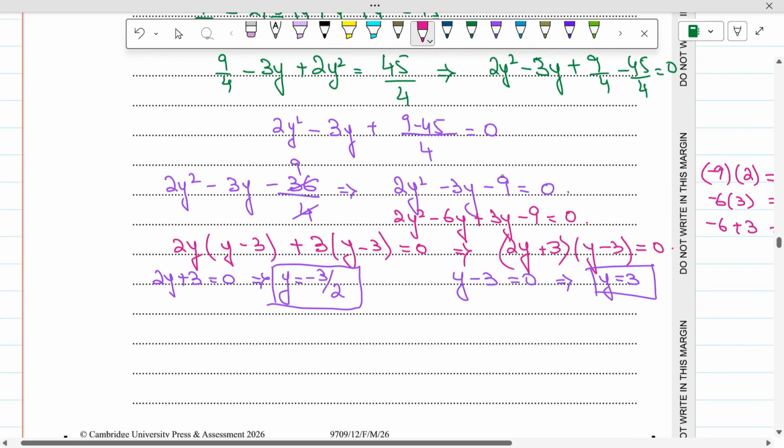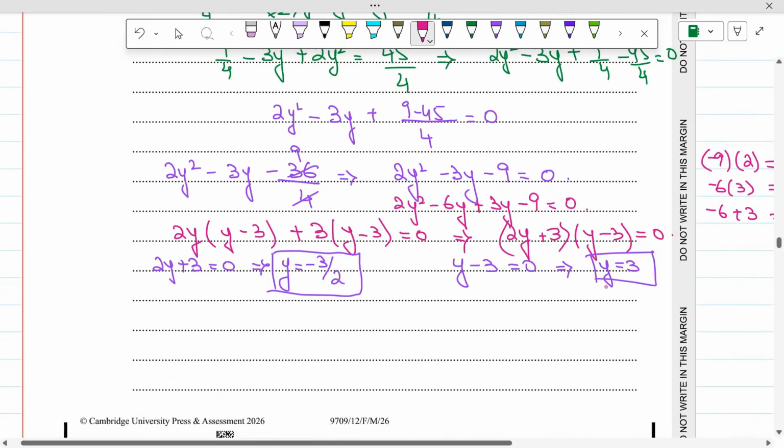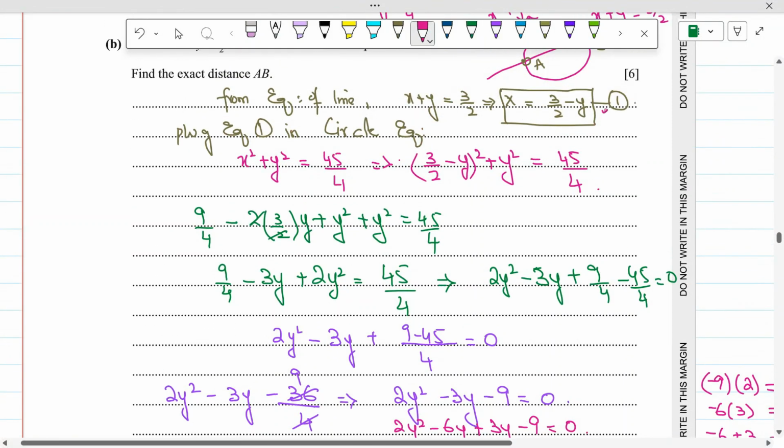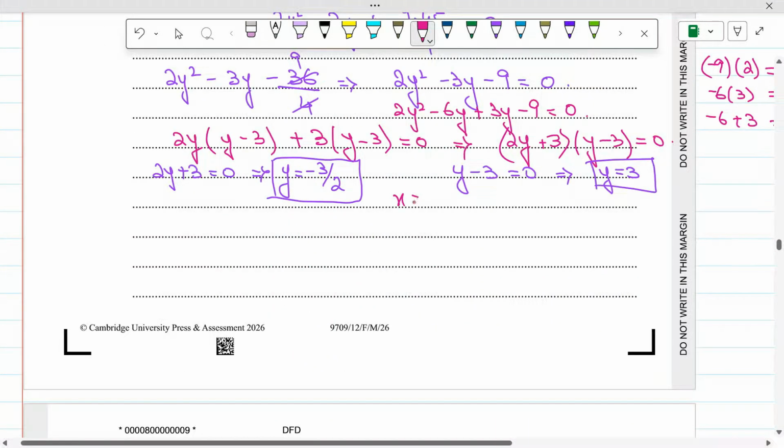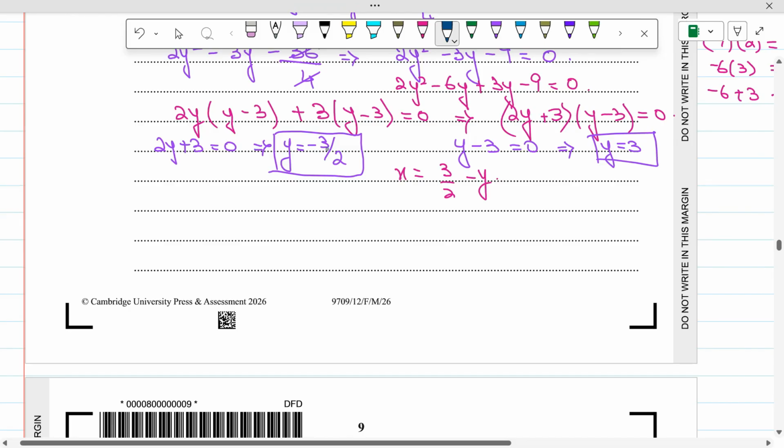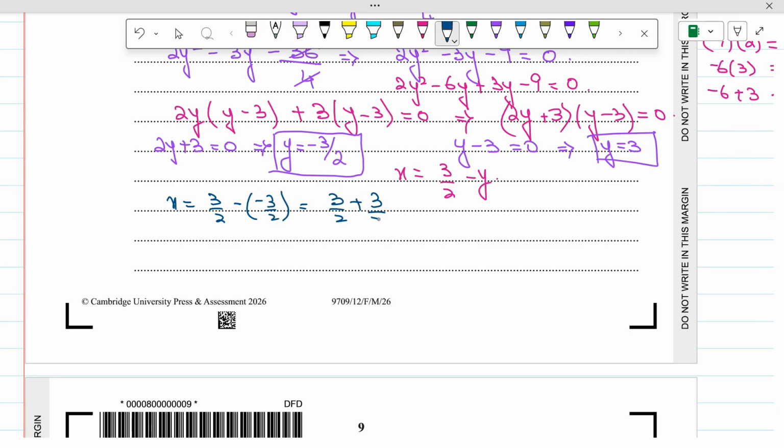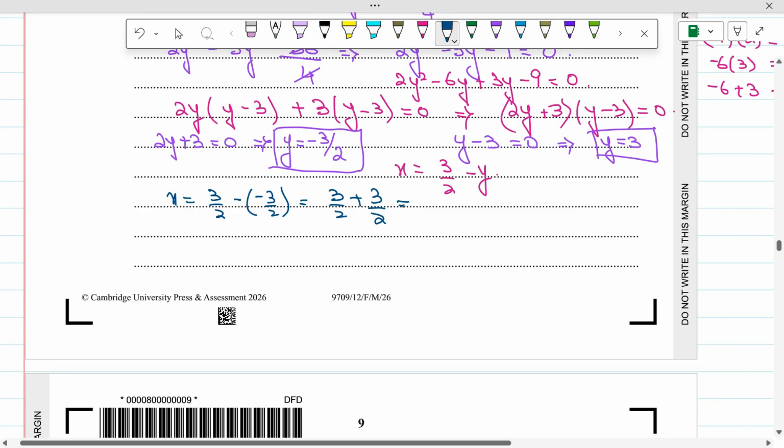To find the x coordinates, we plug these y values into the line equation, x equals 3 over 2 minus y. First we plug in y equals negative 3 over 2. So x equals 3 over 2 minus negative 3 over 2, which is 3 over 2 plus 3 over 2, equal to 6 over 2, which is 3, the x coordinate.